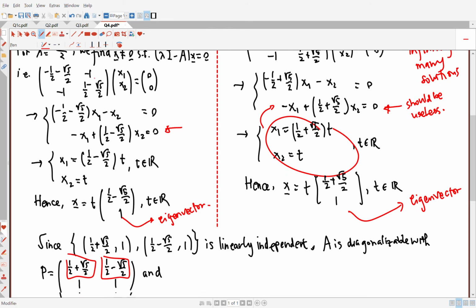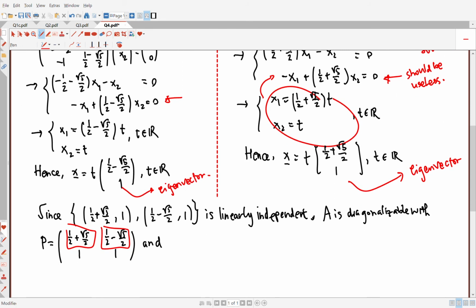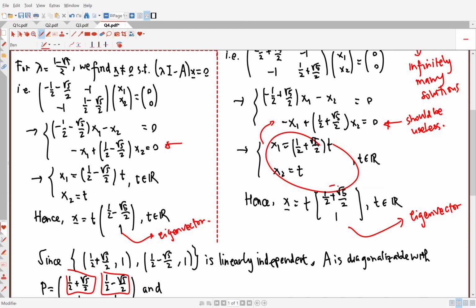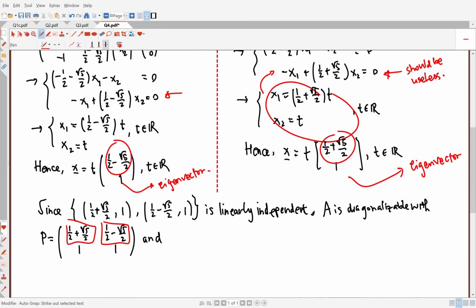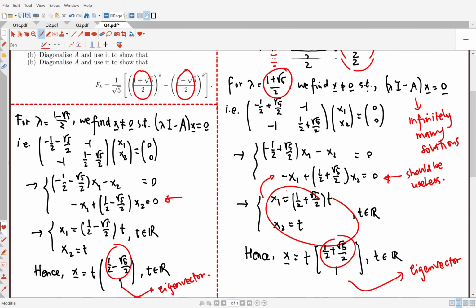So if I call this lambda 1, and this lambda 2, let's just write it from the start.